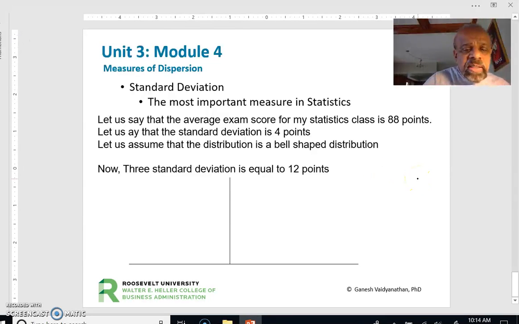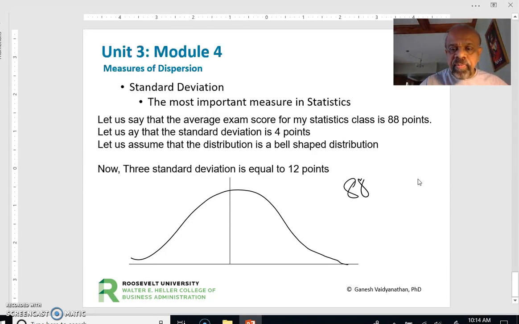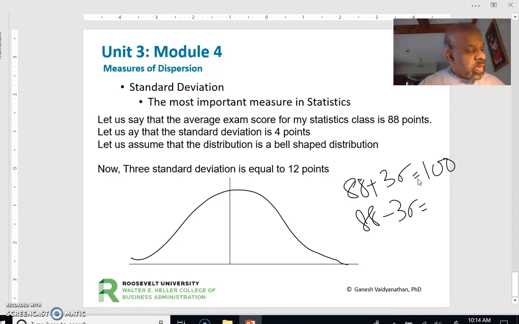For 3 sigmas, I can say that 88 plus 3 times 4 is going to be 100, and then 88 minus 3 times 4 is going to be 76. So this is going to be 76, and this is going to be 100.